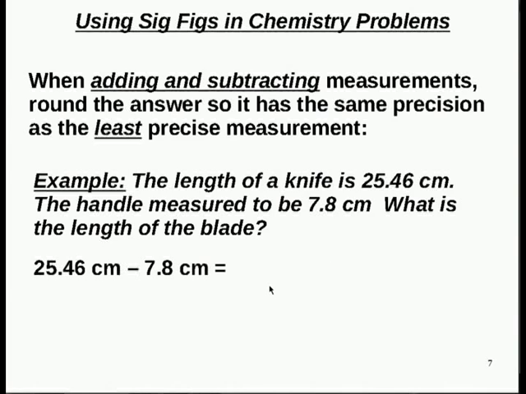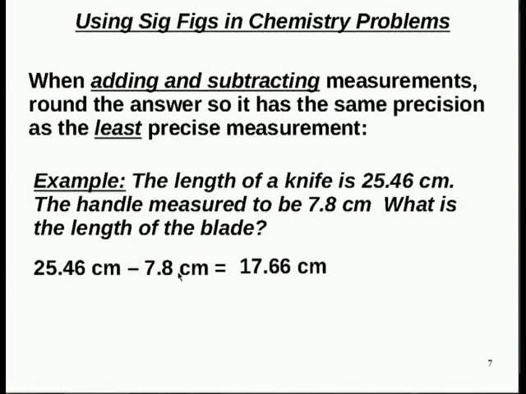So basically, obviously, to find the length of the blade part of it, you just subtract the length of the handle from the length of the entire knife. And this is what your calculator is going to spit out at you. Unfortunately, this is wrong because I do not have precision to the hundredths place here, and so I can't report the hundredths place. Okay, this is a wild card. Was it a 0?